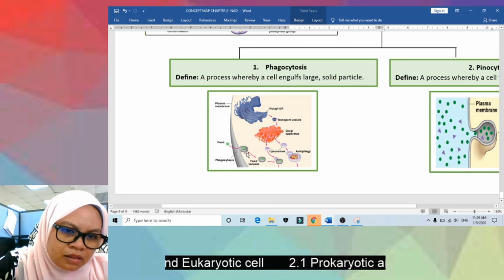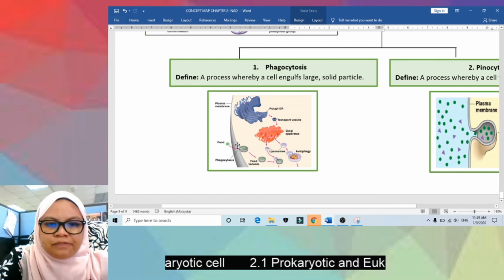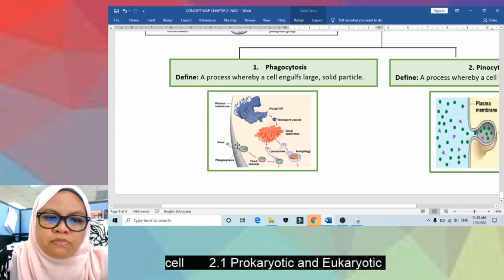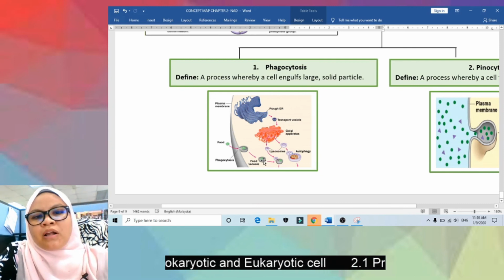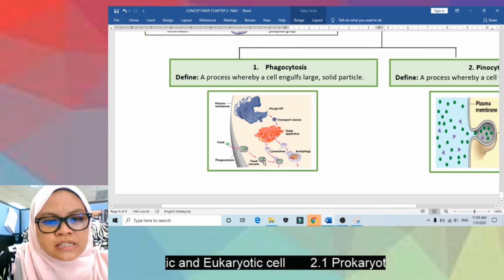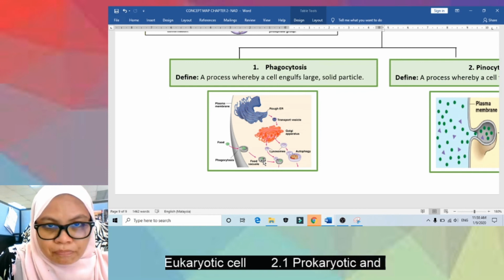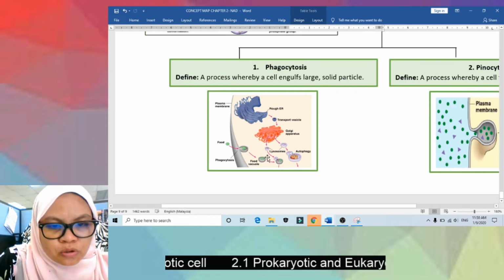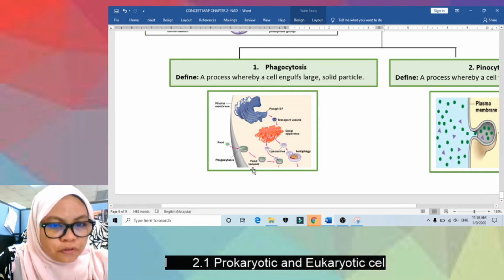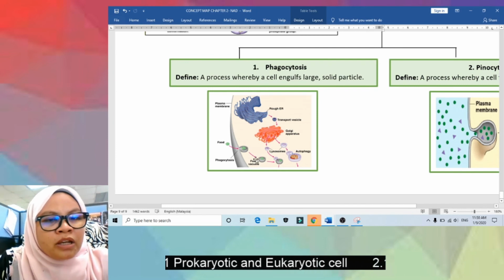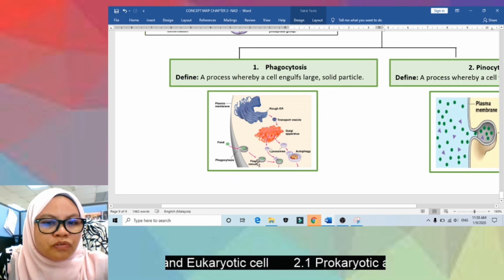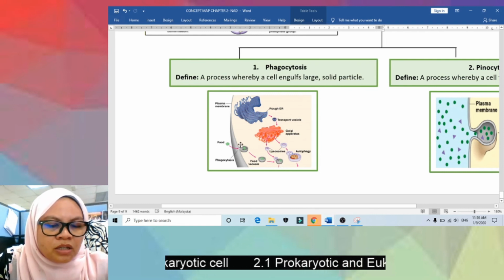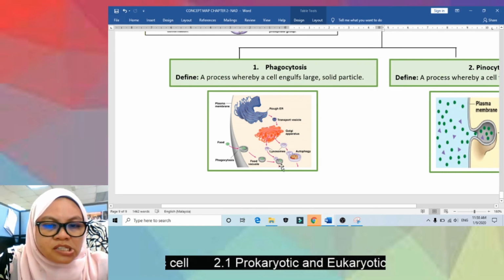This will produce a structure called a food vacuole, or in other terms also known as a phagosome. Next, after the food vacuole is formed, it will pinch off and move to the cytoplasm.